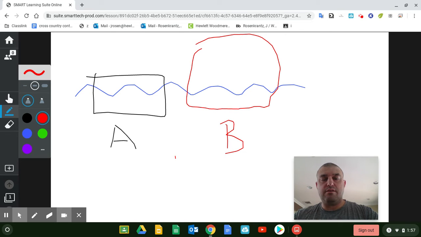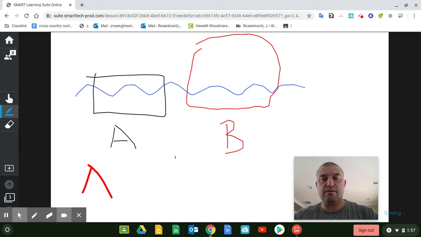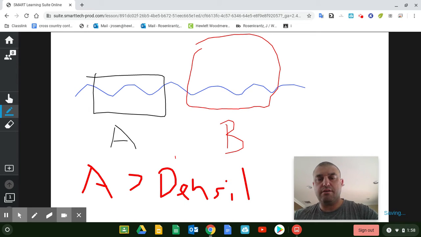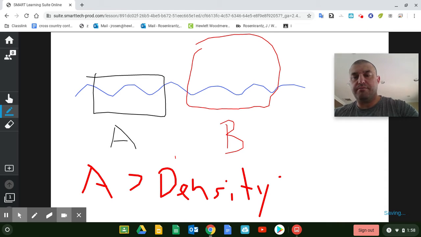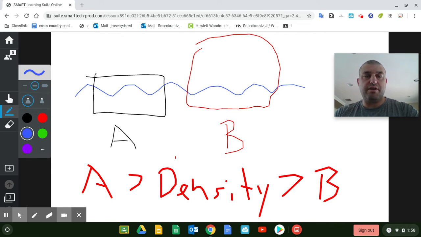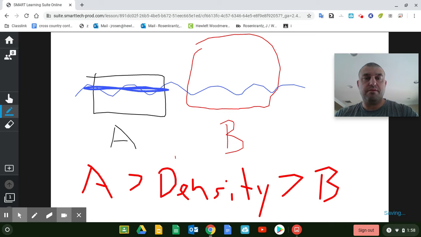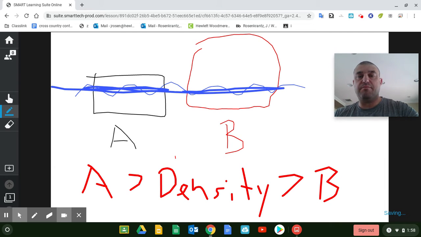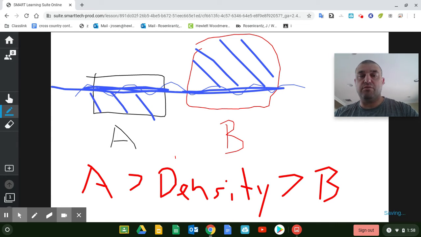A has greater density than B. You could tell that because if you look at A, a greater percentage of it is under the water, while if you look at B, that's the water line, see? Look at how much of B is above the water. That means B has a lower density because look at how much of A is below the water.